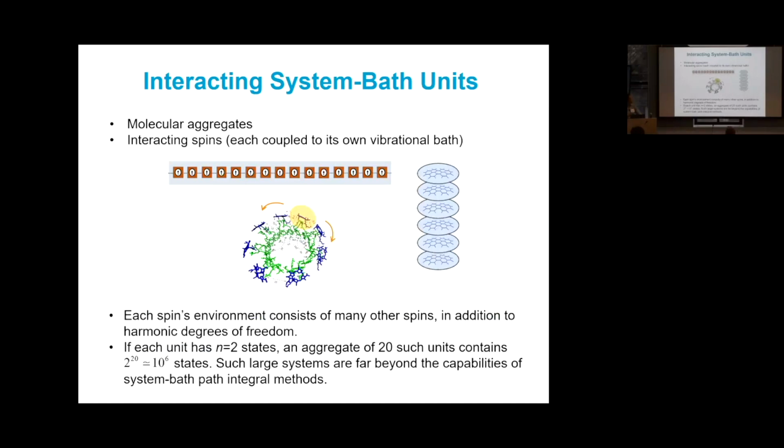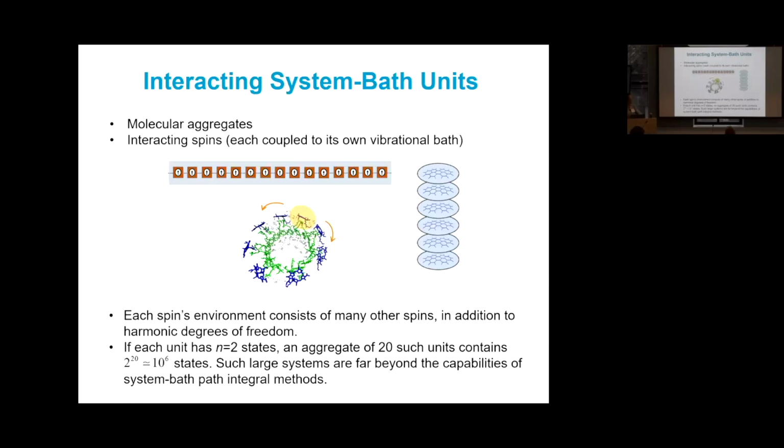Now, if each monomer has a spin or has 2 electronic states, and I've got 20 monomers coupled together, then the total number of states is 2 to the 20th, which is 1,000,000. Each of these units has its own harmonic bath. I could take this and call it a new system bath Hamiltonian. However, the number of states will be enormous, and you can't really do very much with these in these situations.